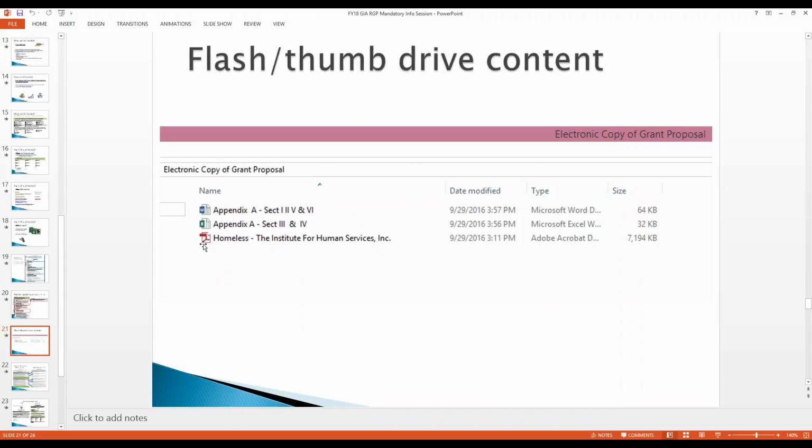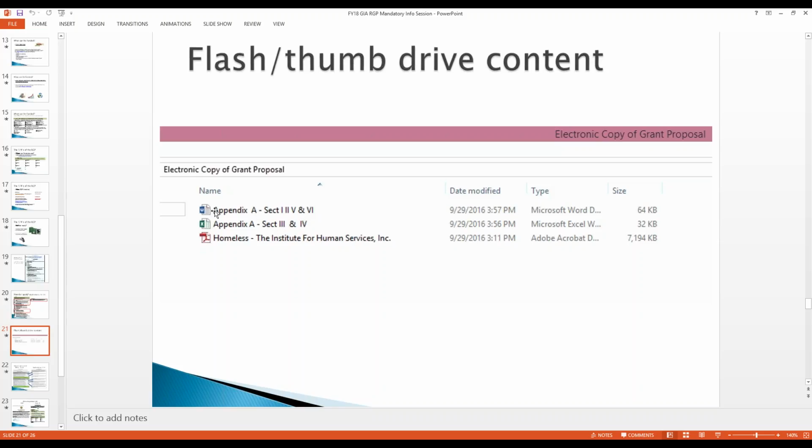Besides the PDF file of all pages of your hard copy of the grant proposal, you will also need to save the completed and final version of your grant application. This is this Word document here, and also the final complete version of your schedule and budget, which is section 3 and 4.